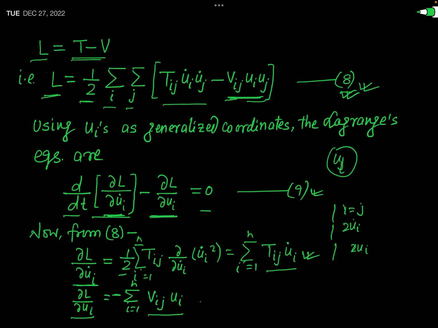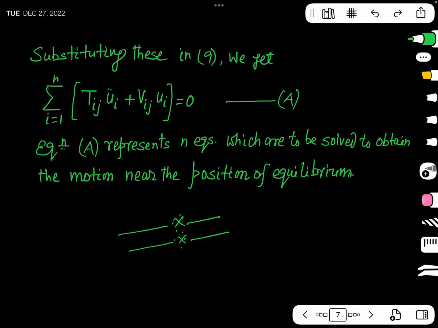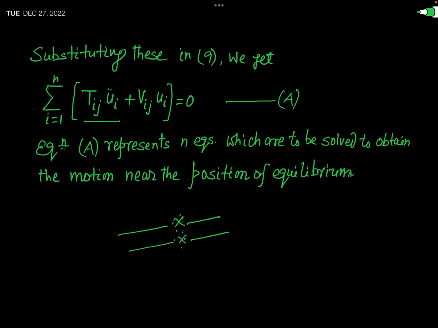Now we will substitute these two values in the Lagrange equation which I have defined in equation 9. Okay? When you substitute the value of del L by del ui dot, which is Tij ui dot, that will be again differentiated with respect to t, so that will be Tij ui double dot. So you can see our expression will be summation i from 1 to n Tij ui double dot plus Vij ui.